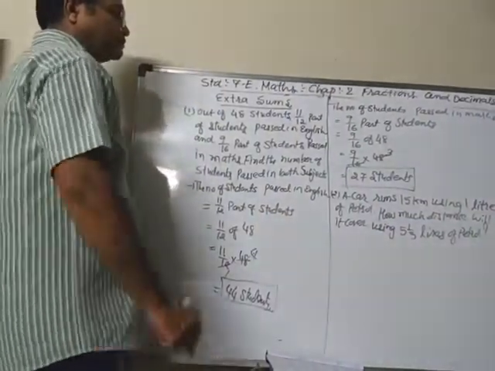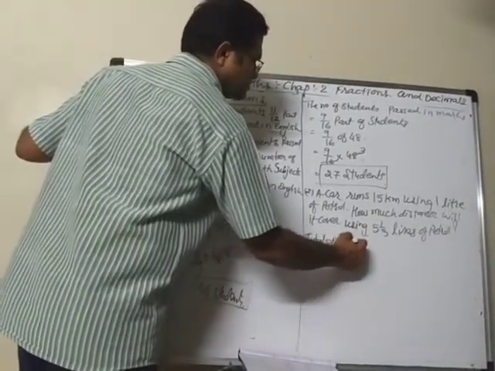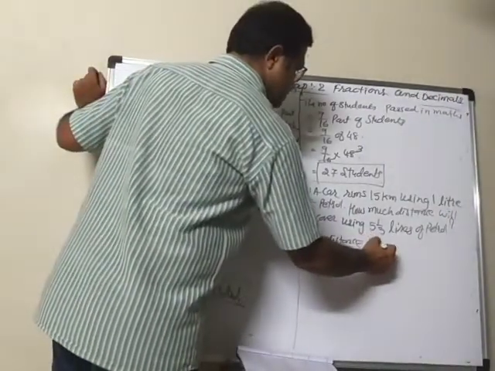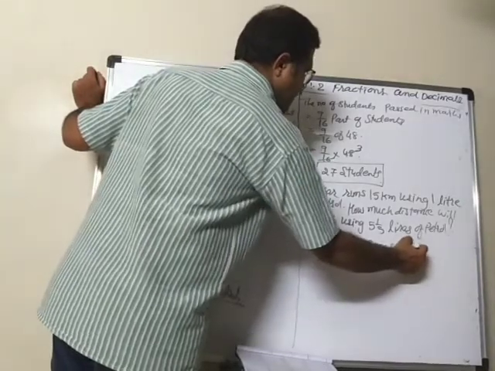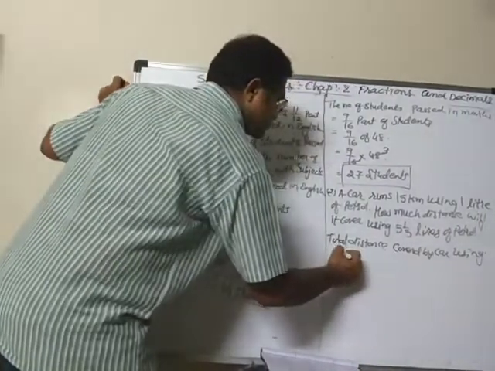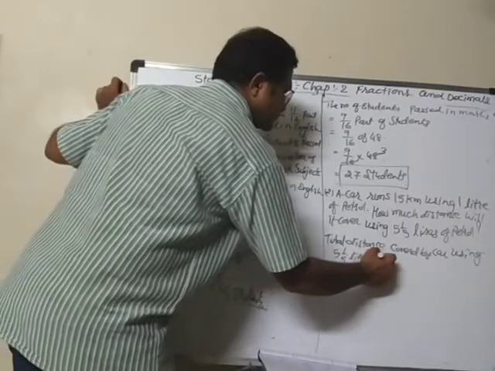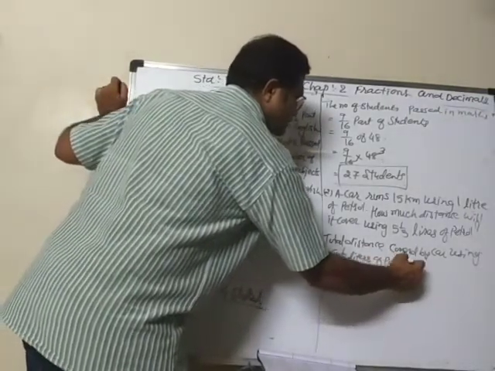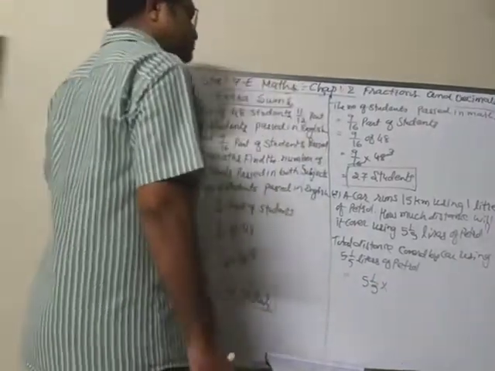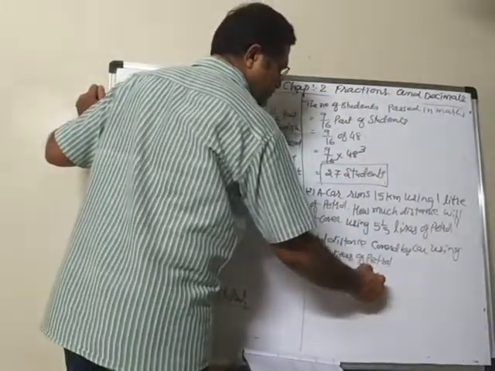So now the total distance covered by car using 5 integer 1/5 liters of petrol will be 5 integer 1/5 multiplied by 15, because in 1 liter it takes 15 kilometers.